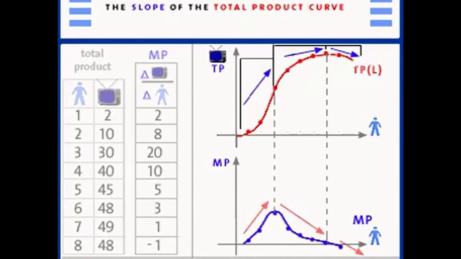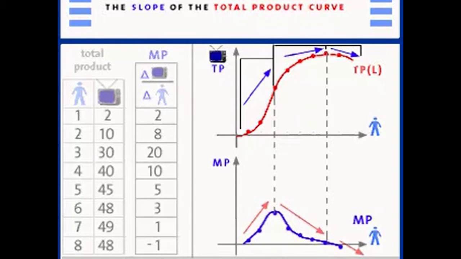The next thing that I want to point out is that we're talking here about the number of workers who are working in the factory at a particular time. It's not like you're hiring one worker or then a second worker later in the week or a third worker even later. We're talking about 2 workers working together for a week or 3 workers working together for a week. See, the change in the marginal product is part of the technology.